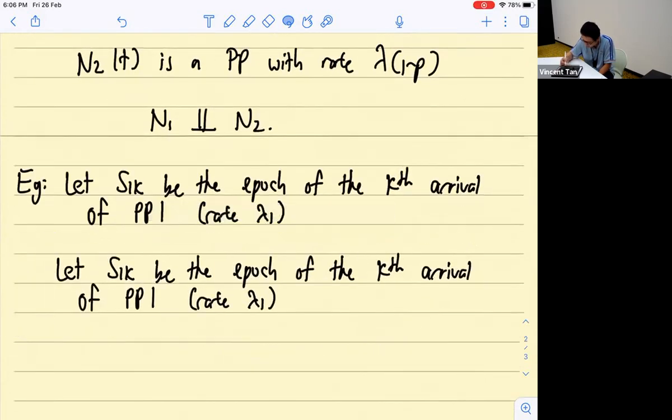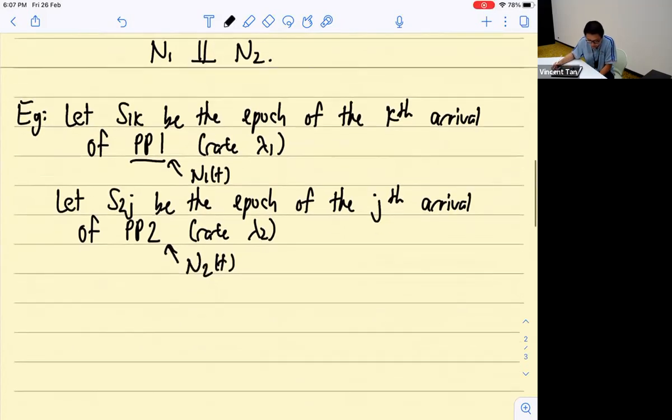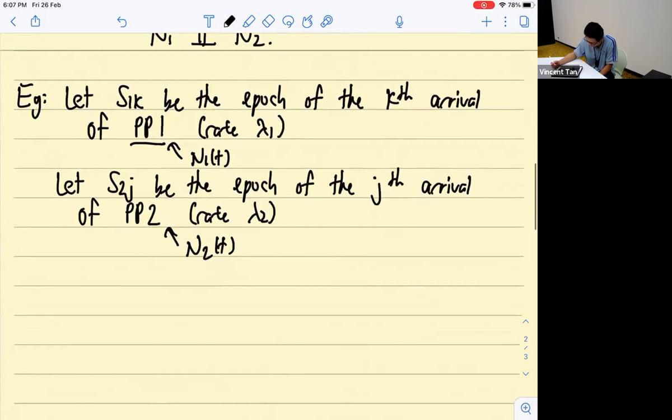Let S2j be the epoch of the jth arrival of Poisson process 2 with rate lambda 2. We call Poisson process 1 N1(t), a Poisson counting process, and this is N2(t).